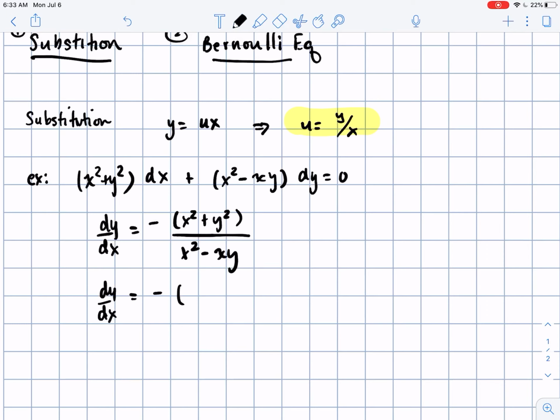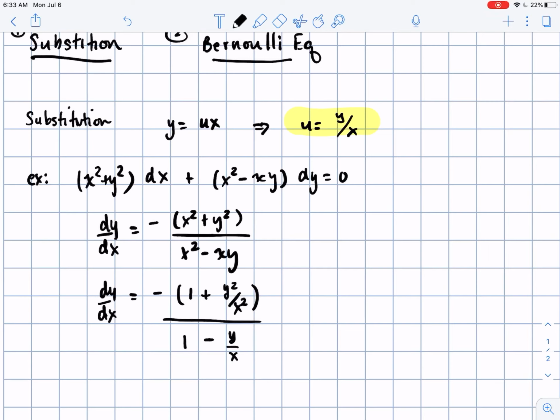So if I divide everything by x squared, that first term is going to be a 1 plus y squared over x squared. And in the denominator, I would get 1 minus, if you divide this by x squared, you're just going to get y over x, like that. Now, the reason why I did that was, now anywhere I see a y over x, I could substitute in u.